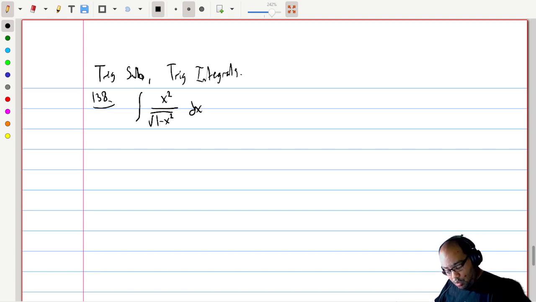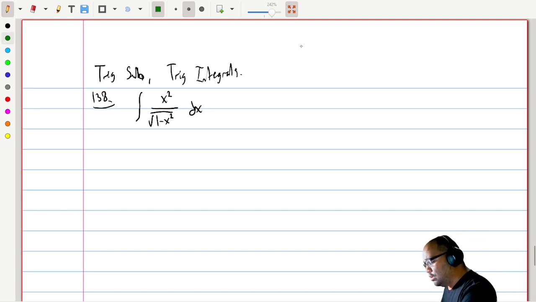So what I'm going to do is this is going to be motivated by 1 minus sine squared equals cosine squared. So let's put that as a hint here. 1 minus sine squared y equals cosine squared of y.